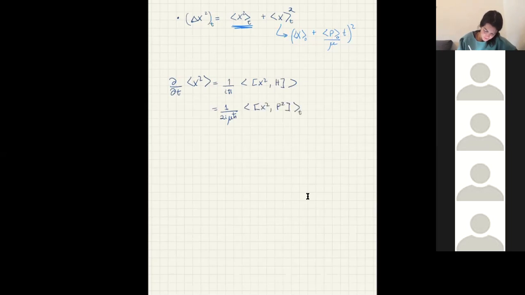And then we take the average at time t of this. Good. So how do we solve this commutator? And now here we make a parenthesis.